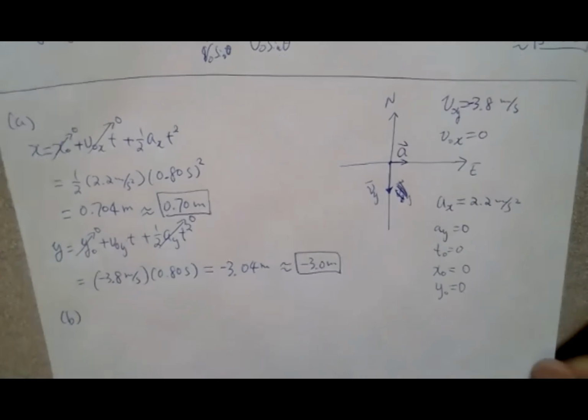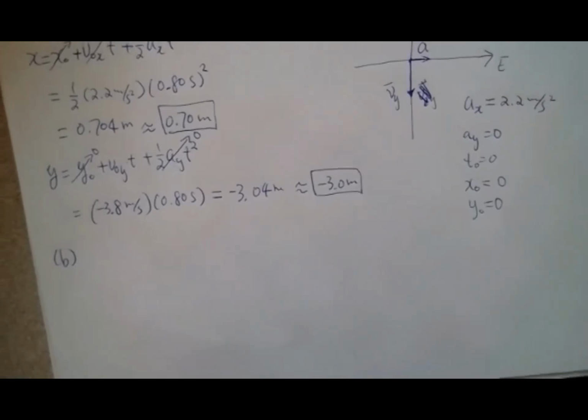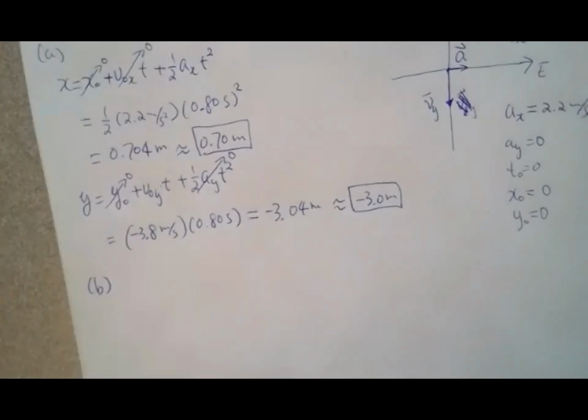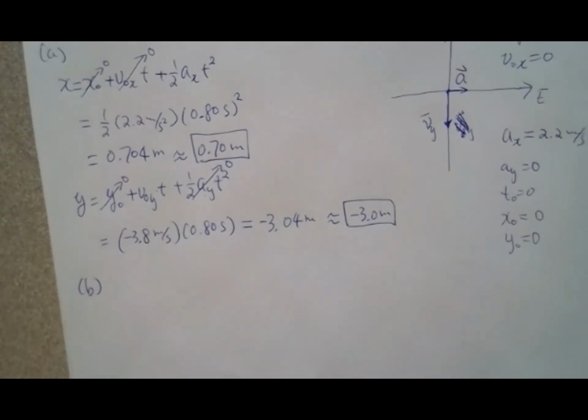All right, good. So if not, then let's look at B here. It says, what are her X and Y velocity components at this time? Okay, so then you're looking for the velocity components. So you look on the table in the previous slides, it's going to be the second equations, X component and Y component.